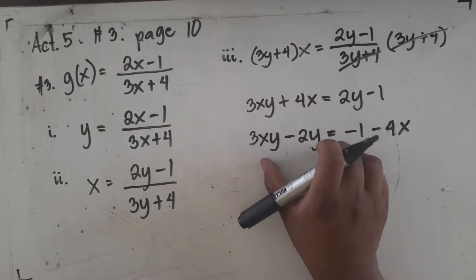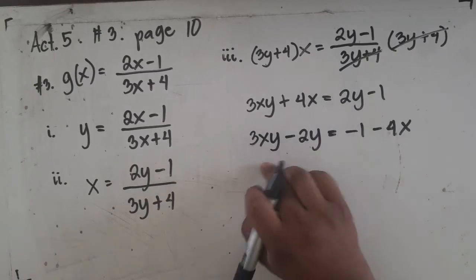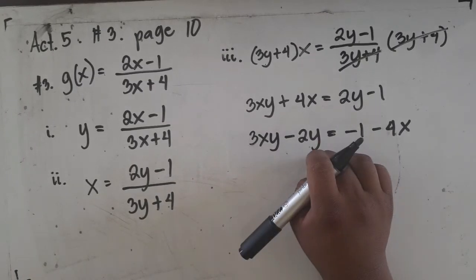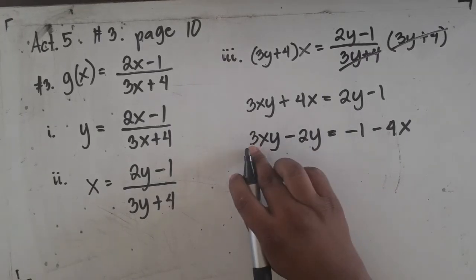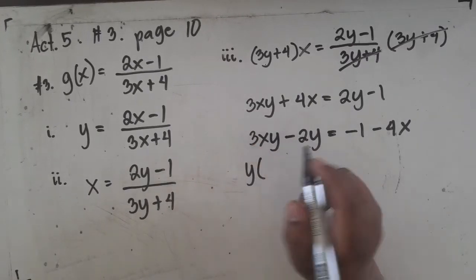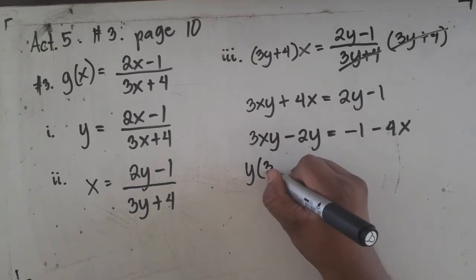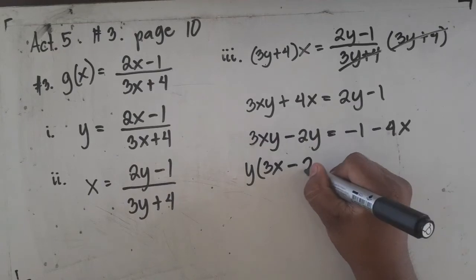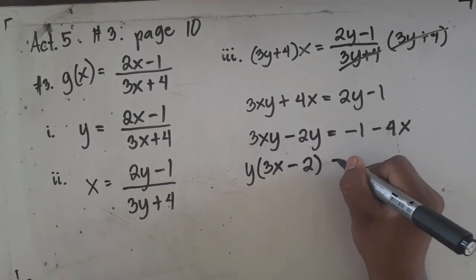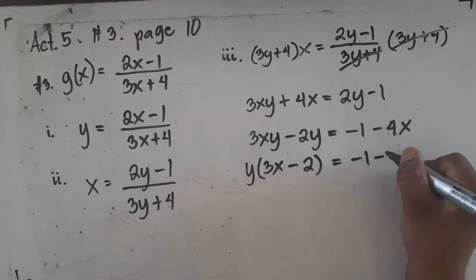Para y na lang ang mabilin dari. Siyempre, common man si y, greatest common factor, GCF, kwaon mo si y. So tulo ka x minus 2 equals negative 1 minus 4x.